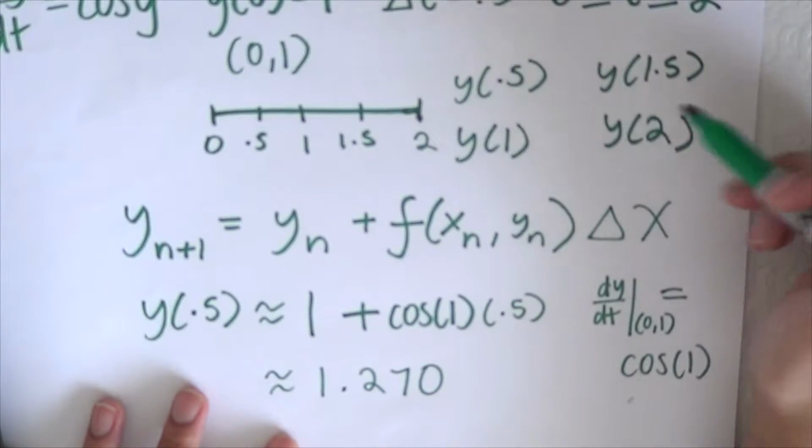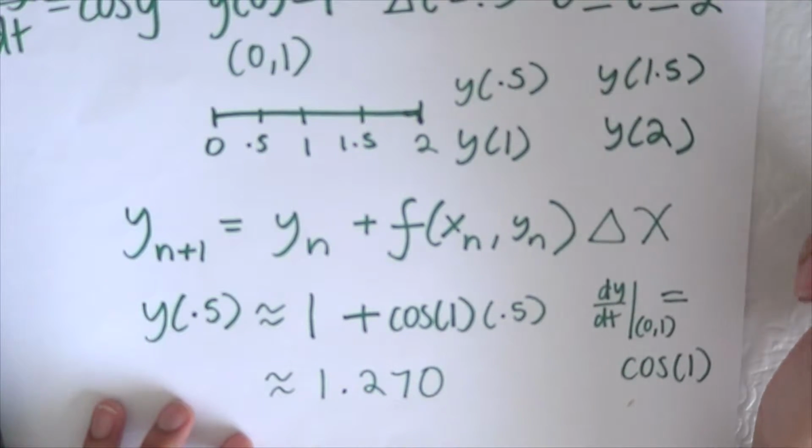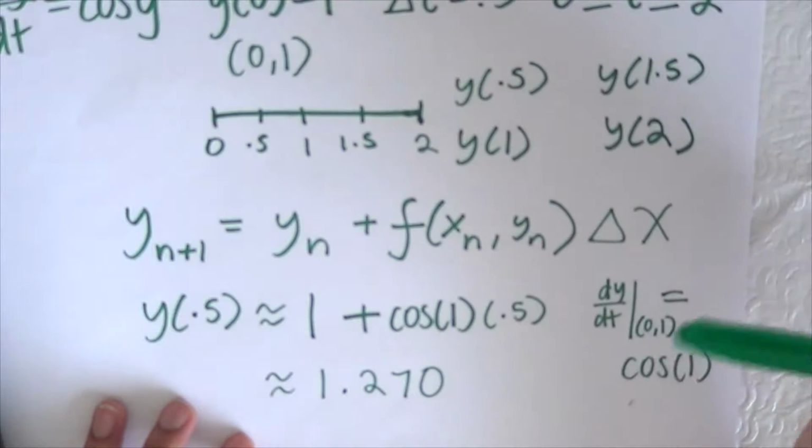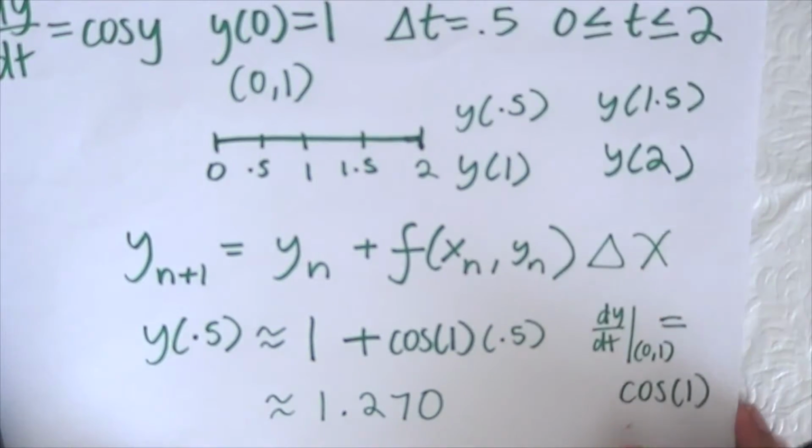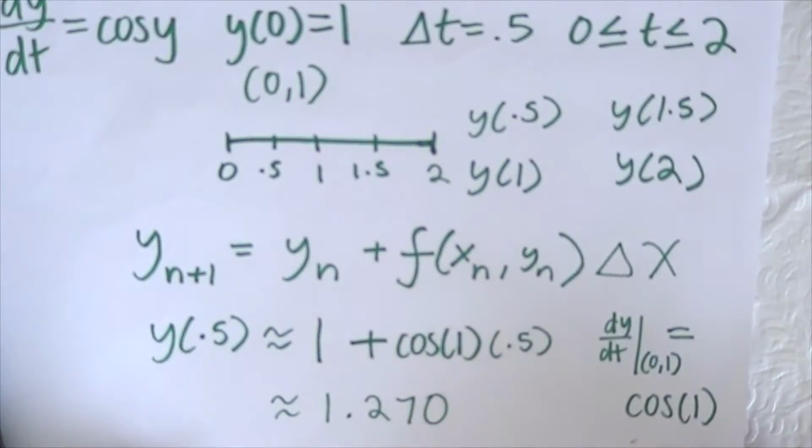Now we have to do the rest because the problem is asking for all the approximations from 0 to 2. So the next one is y of 1. We'll just do the same thing as we did for the first step.